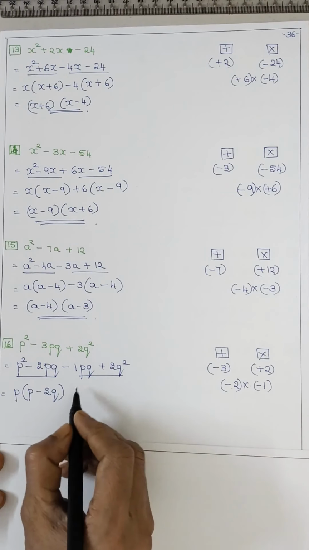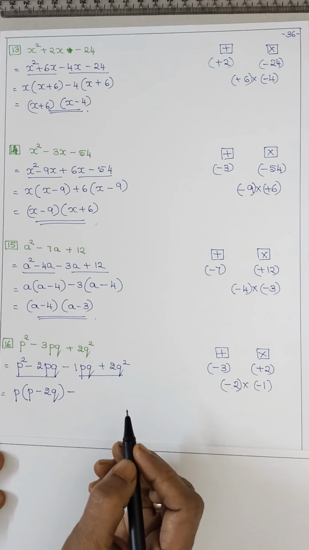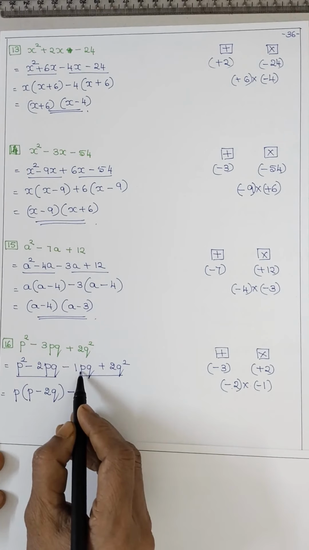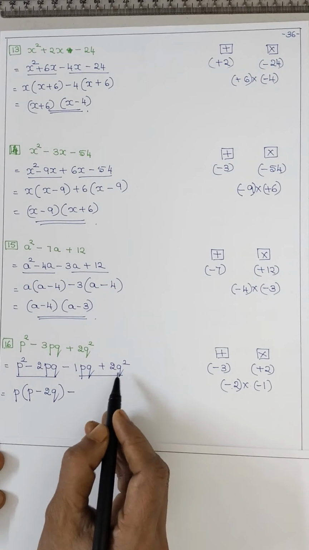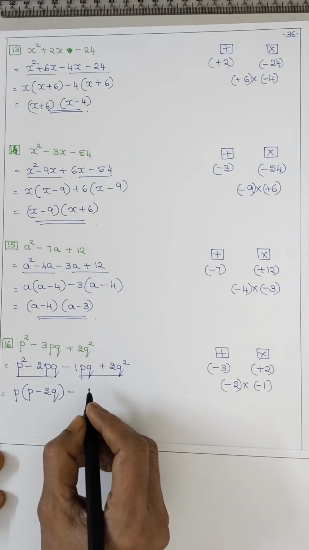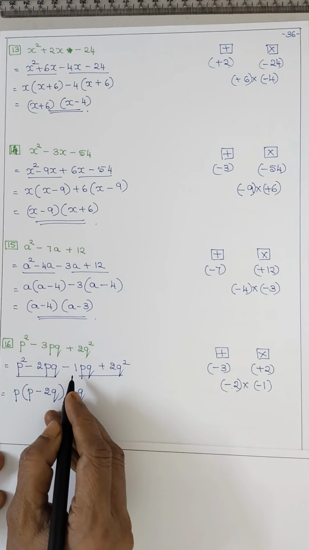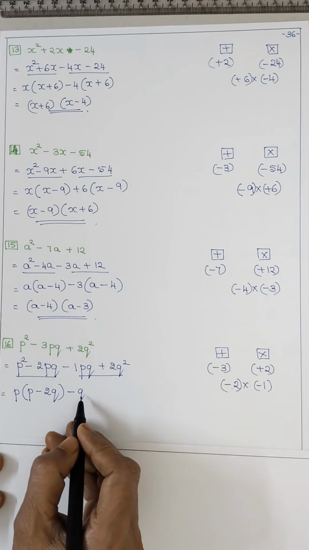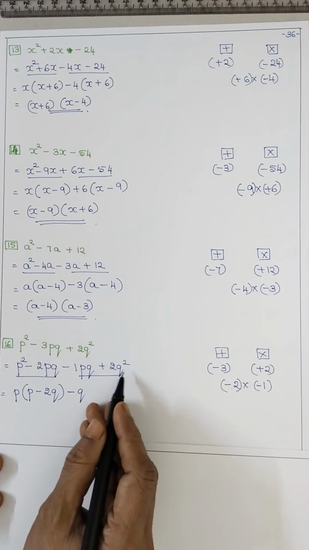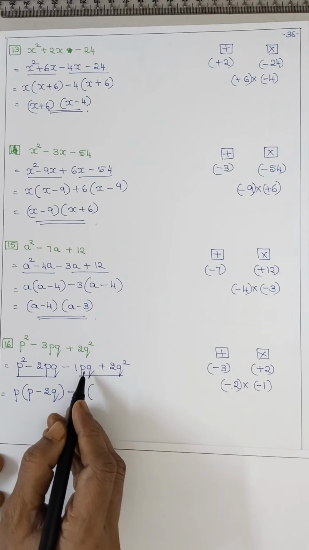Now here take minus sign, and here p is not there. q is there, here q is there. So we have to take q outside. 1 we are not writing. If there is any alphabet, then don't write 1. So q you take outside. Now what is remaining? 1p.